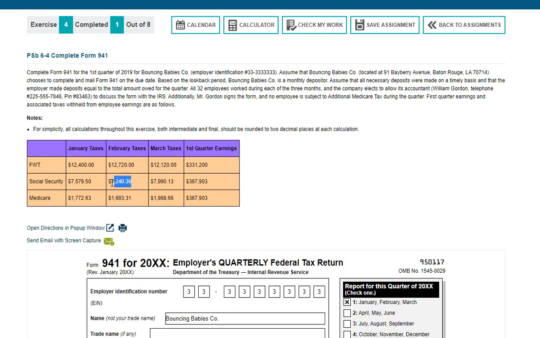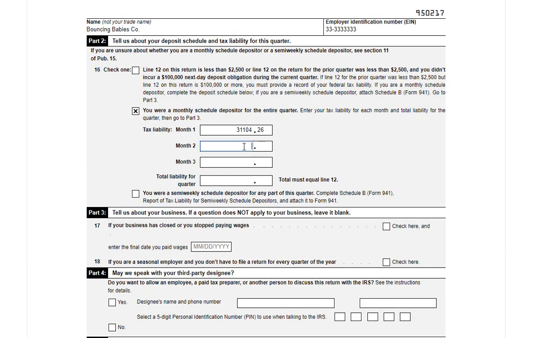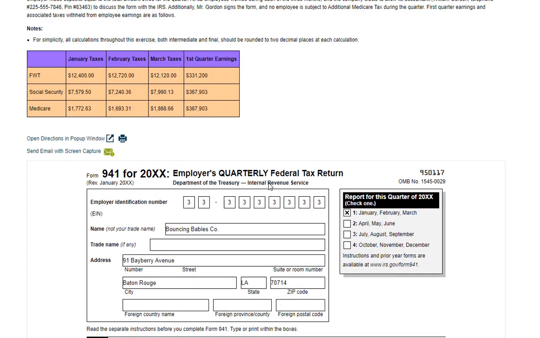And when we do the same with month 2, which is February, sum all of these numbers and the same amount for Social Security, the same amount for Medicare, then we would get $30,587.34. Once again, just like previously done for the month of January and February, for March, we do the same and add this number, Social Security and Medicare.